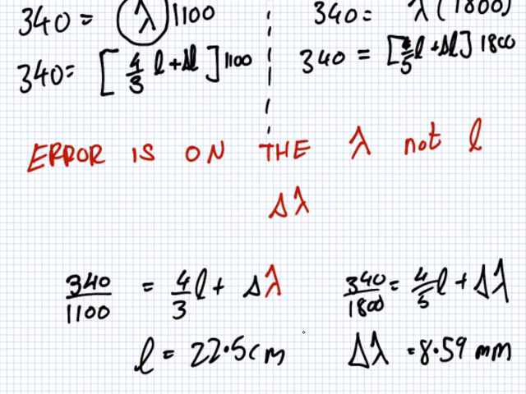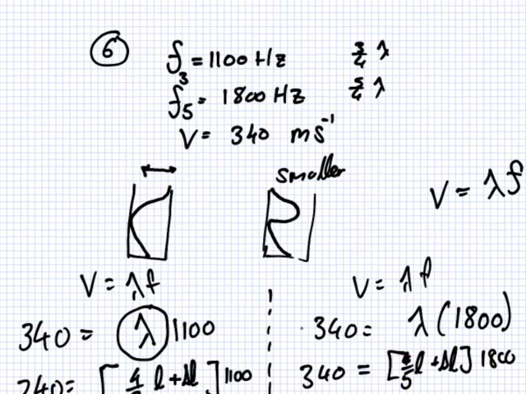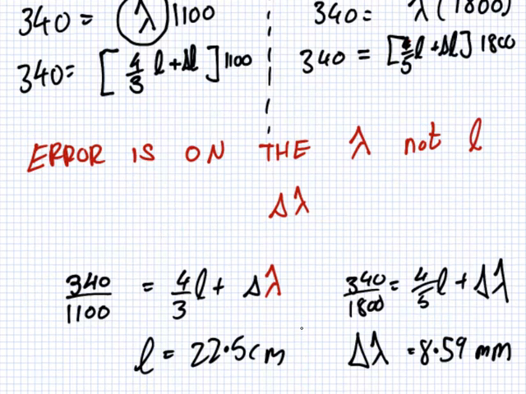Teacher. Yeah. But the equation doesn't make sense. You are saying 4 over 3 L plus delta lambda, but the whole thing is only 4 over 3 lambda. I mean the logic: you're saying 4 over 3 L, which is the actual wavelength, plus another lambda.